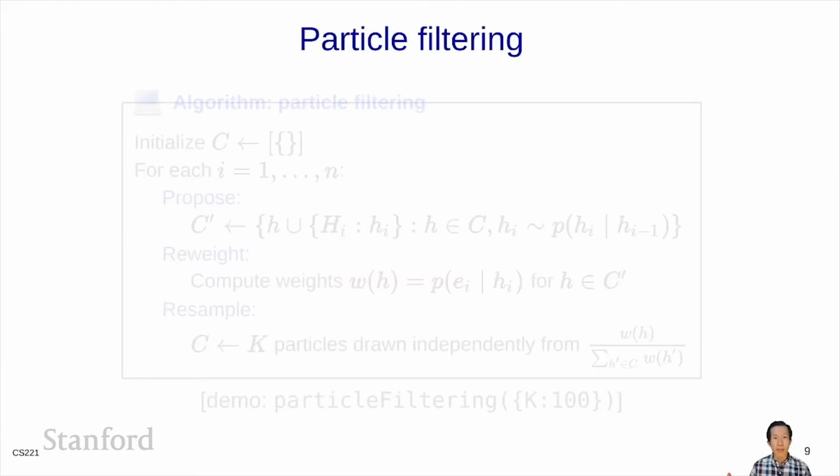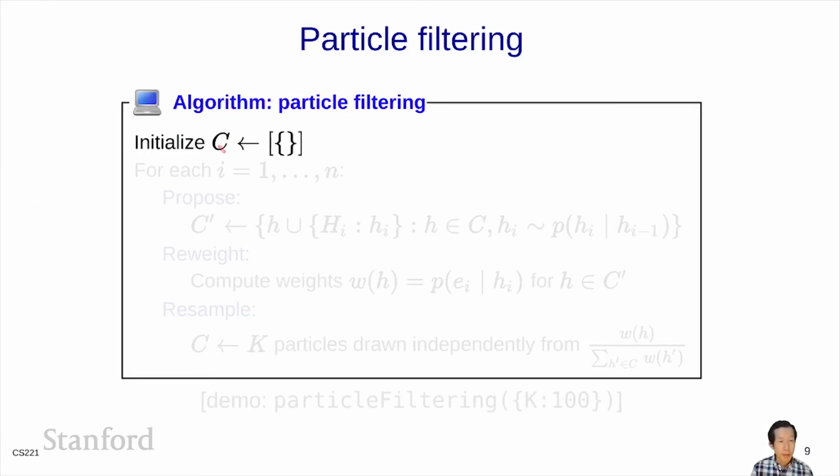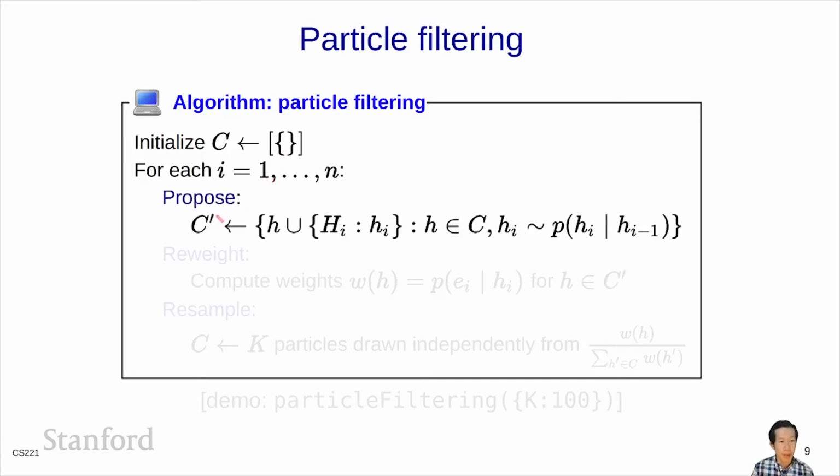So now we're ready to present our final particle filtering algorithm, which is, again, structured very similarly to beam search. Like beam search, we initialize with the empty assignment. For each of these time steps, we're going to propose, weight, and resample. Here we're going to propose: we take each assignment to H1 through H_{i-1}, look at the transition distribution, generate one possible assignment to H_i, and just take that.